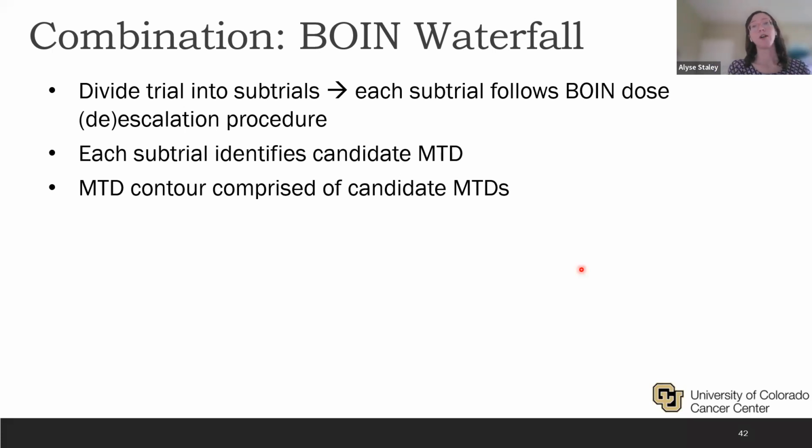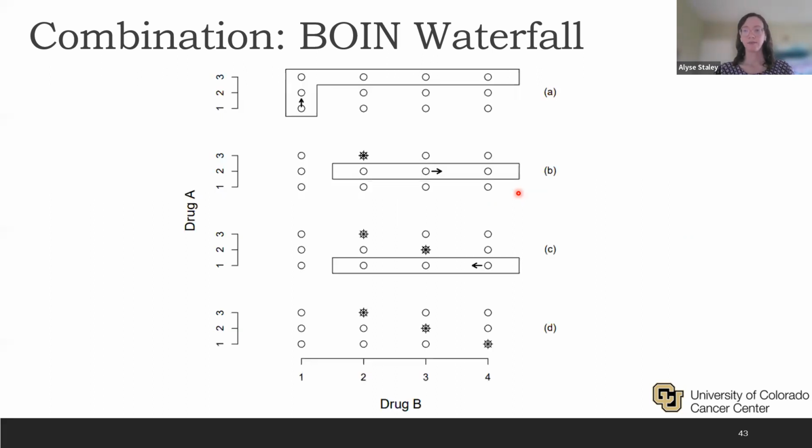So for each subtrial, we have escalation and de-escalation rules, and we're going to follow the same procedure that we already presented at the earlier parts of this lecture. Each subtrial identifies one candidate MTD, and then we build an MTD contour that is made up of the MTD candidates from each of the subtrials.